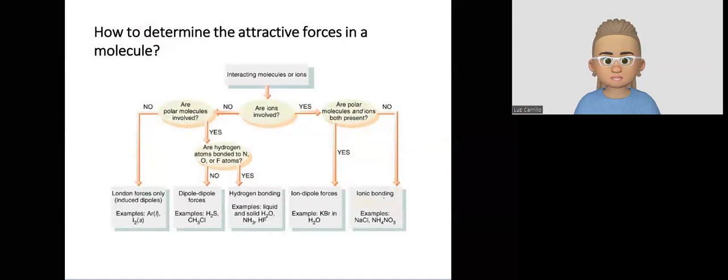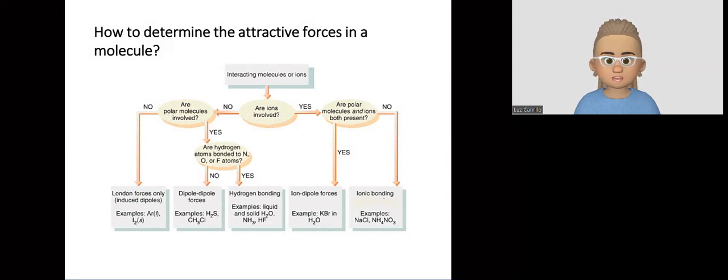Now, how do we determine the attractive force in a molecule? Here in this flow chart, it can actually help you determine what the attractive forces are going to be in a particular molecule.